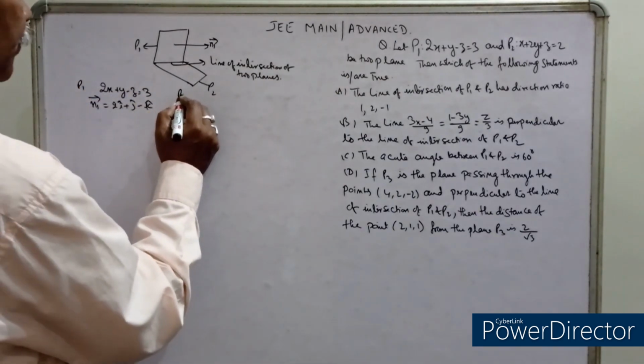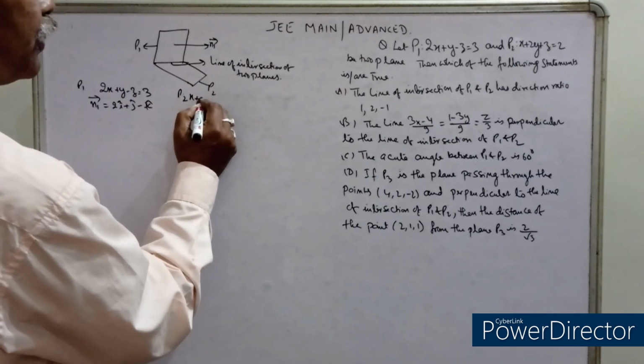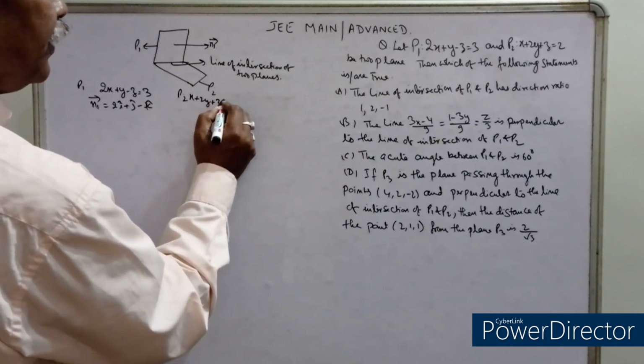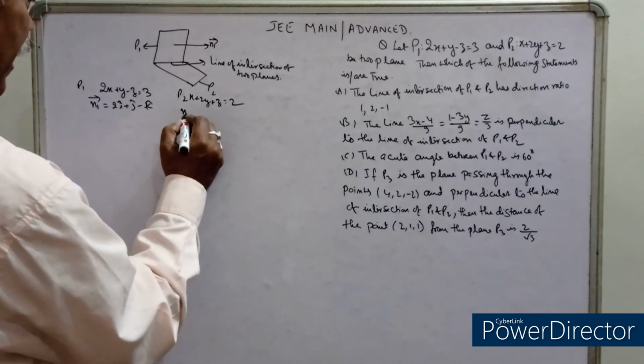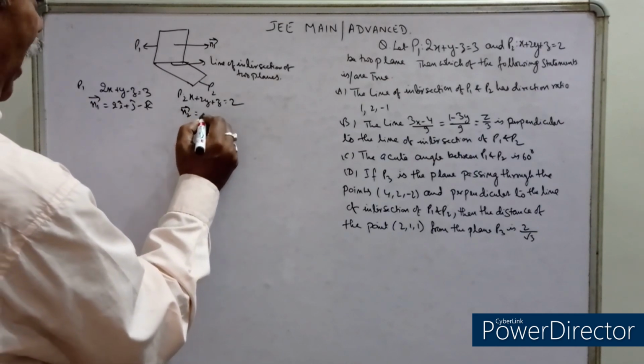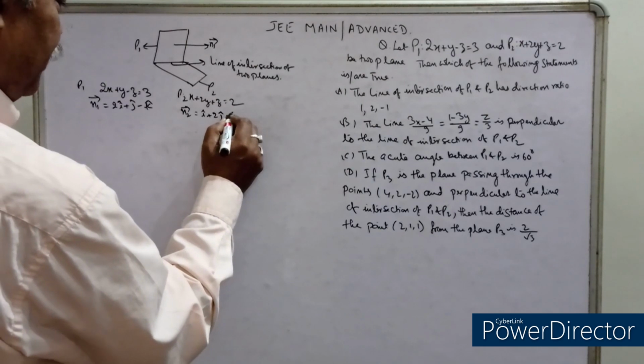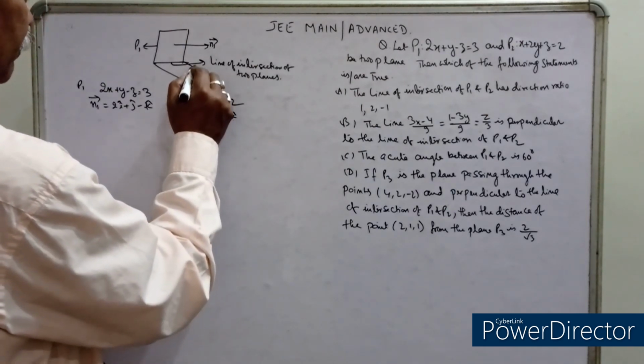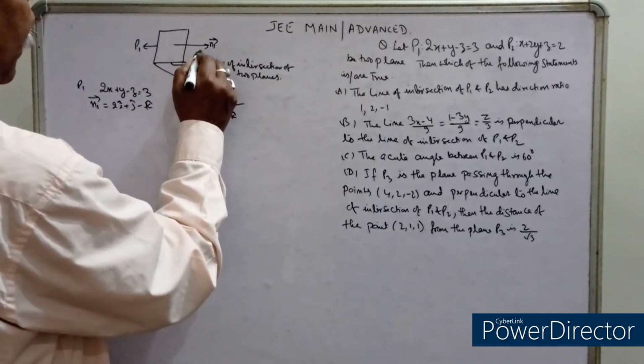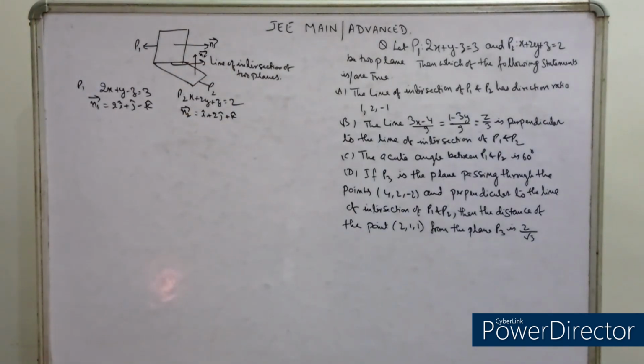And your P2 is x plus 2y plus z equals 2, so your n2 vector is i cap plus 2j cap plus k cap, the vector perpendicular to that plane.